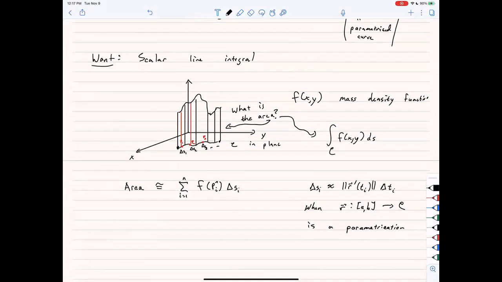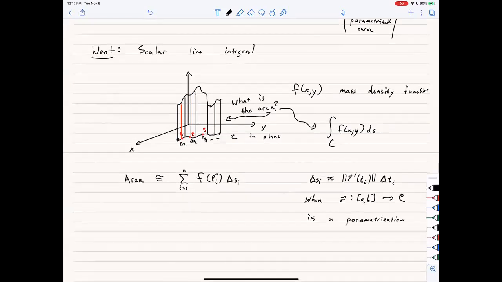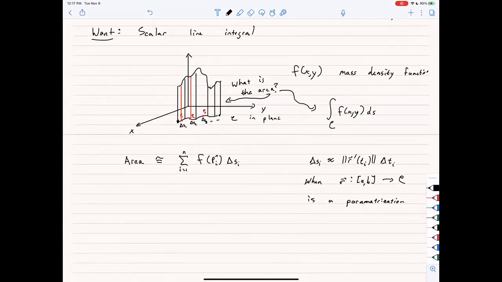So if I do that, and I take the limit of these, I will get, let's say my point is now, because I have this parametrization, R of t, and we'll choose the endpoint here.